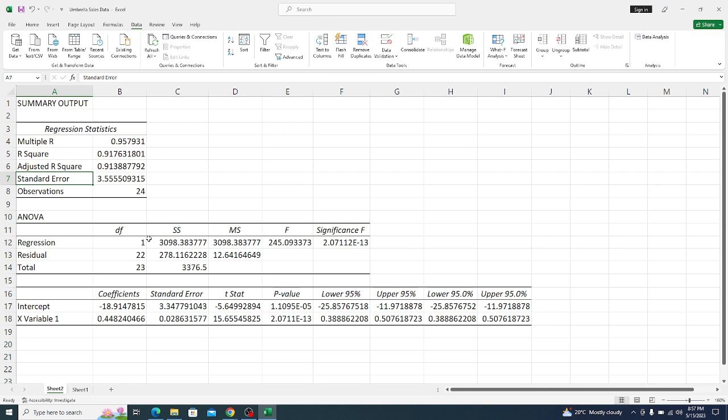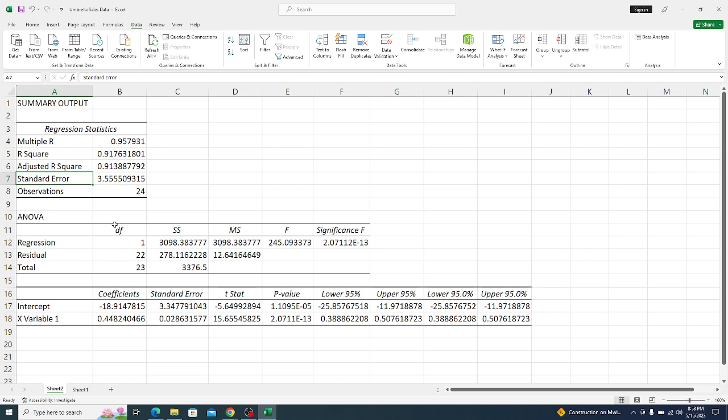For example, if we want to determine the degrees of freedom for sample data, we take the total number of observations and deduct 1. That is n minus 1 to get the degrees of freedom.